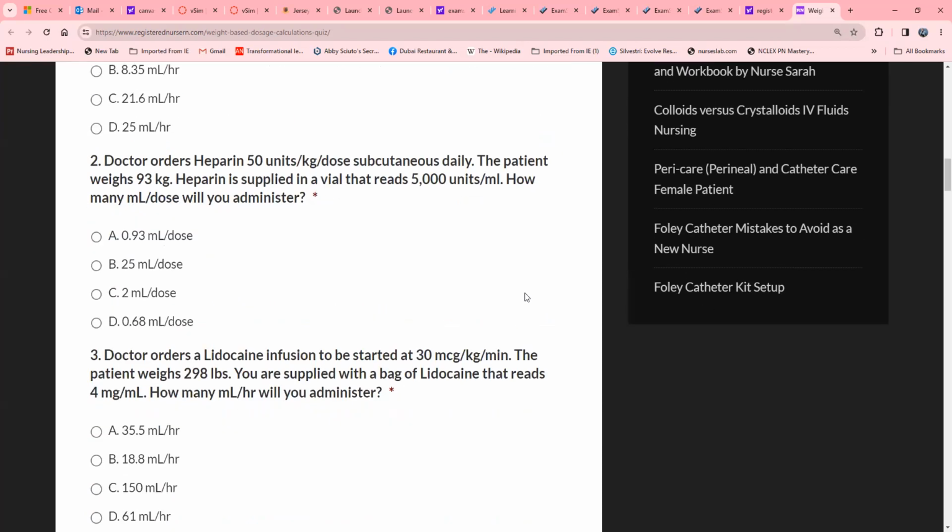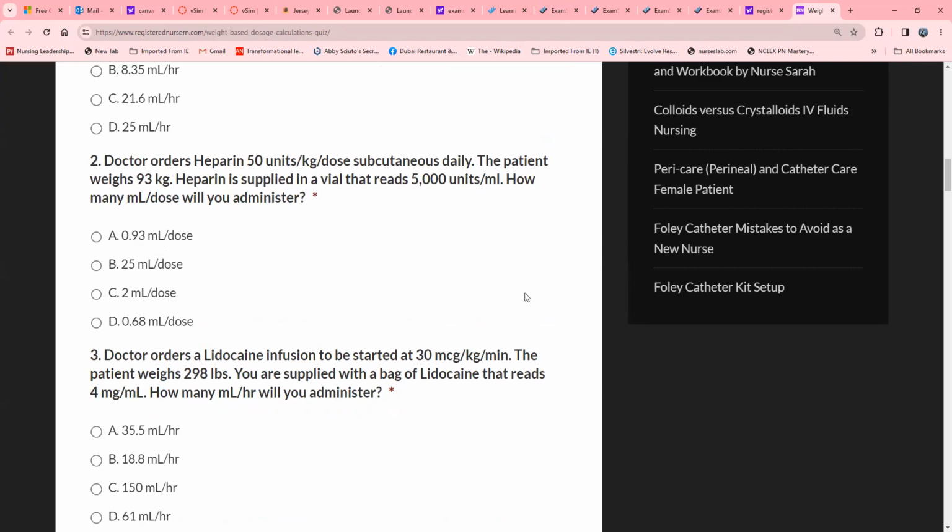Okay, this one says, how many mLs per dose will you administer? If it's a dosing question, what do we need? Dosing. Desired over have. They don't give you your desired dose there. They give you the order. So you have to calculate your desired dose.